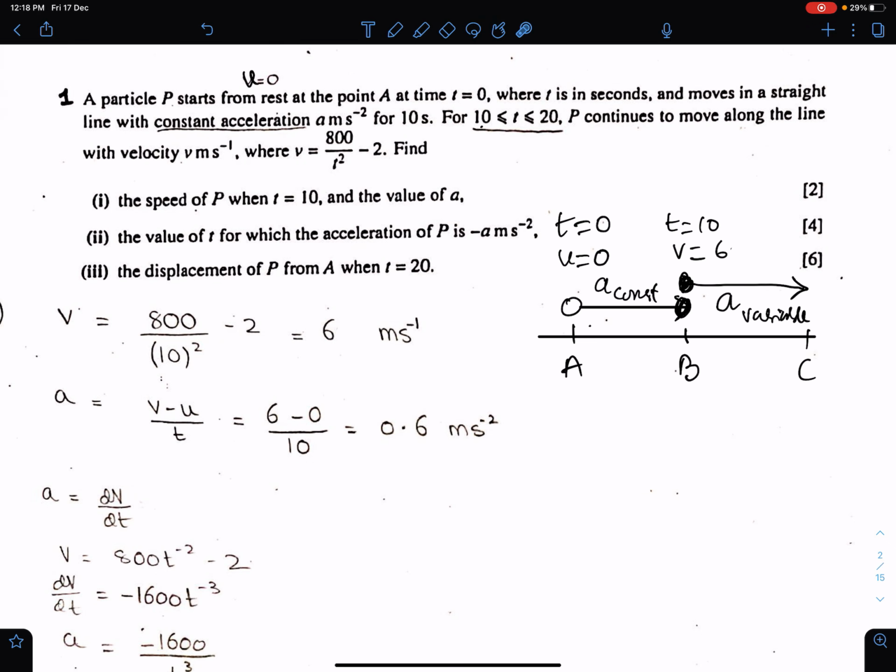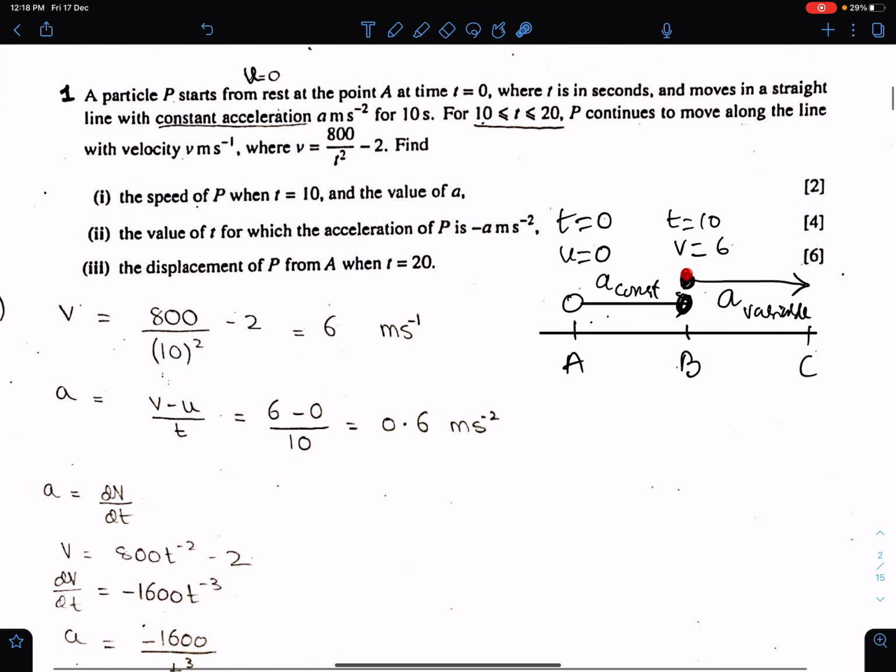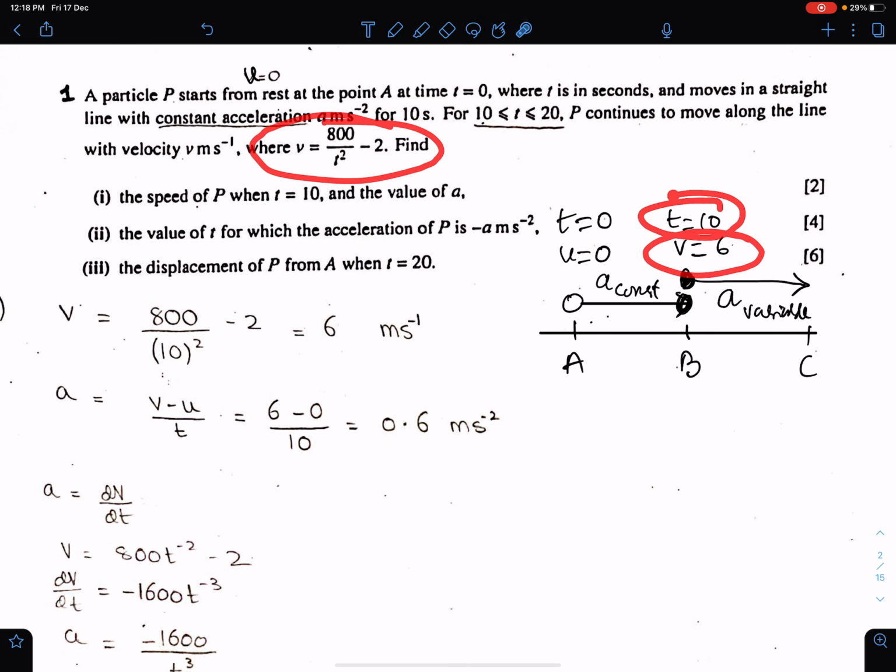So here we will use equations of motion, and here we will use calculus. And this is the common point. At t = 10, we will get the same velocity with the help of this equation and this information. So we will use this equation to get the velocity at t = 10. At t = 10, velocity is 6.